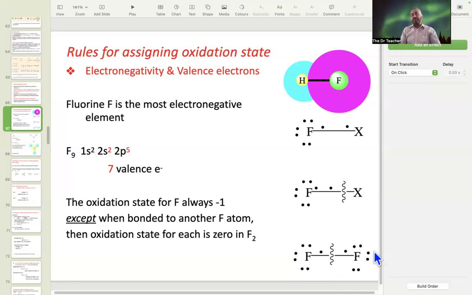Now, both of them look like they obey the octet rule, because this is being partially moved, but not completely. And here, if there is another different halogen, it can take the electron from the fluorine, because the fluorine and the other halogen will be different in electronegativity. Always for fluorine, gain the electron, take the electron, but not in fluorine gas.